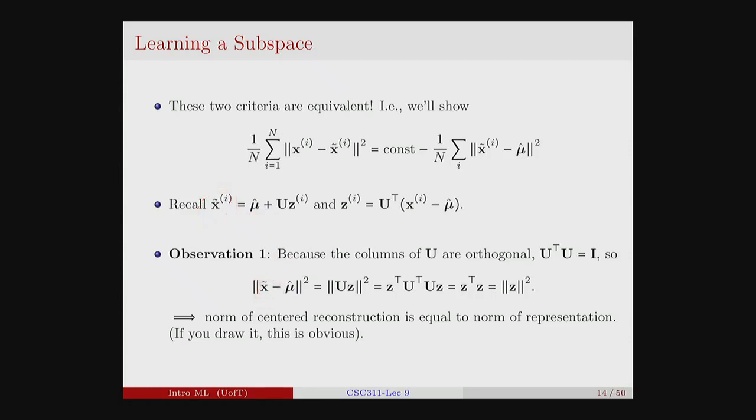The mu hat and mu hat cancel, leaving us with U z. Then the norm squared of U z can be written as z transpose U transpose U z, and U transpose U is the identity matrix. So we get z transpose z, which is the definition of the norm squared of z. So this is saying that the norm of the centered reconstructions is equal to the norm of the representations.